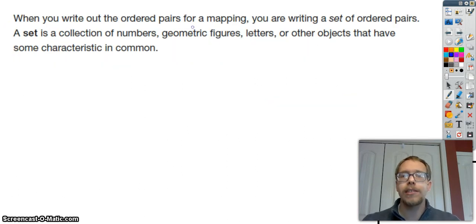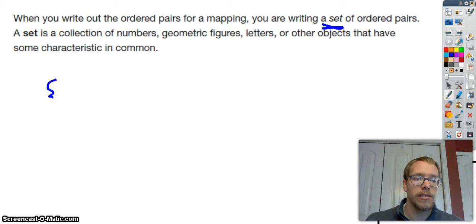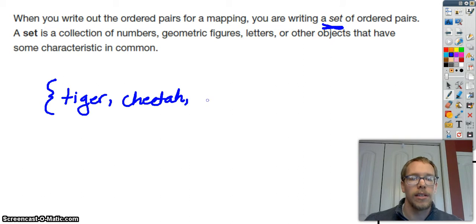Now, it turns out that when you write these ordered pairs, you're writing a set. If you notice, I've been using the word set as we were talking about a mapping. A set is a collection of numbers, geometric figures, letters, or other objects that have some characteristic in common. So for instance, I could use my curly braces and write out a set that includes tiger, cheetah, maybe you have a lion, and maybe you also have a leopard.